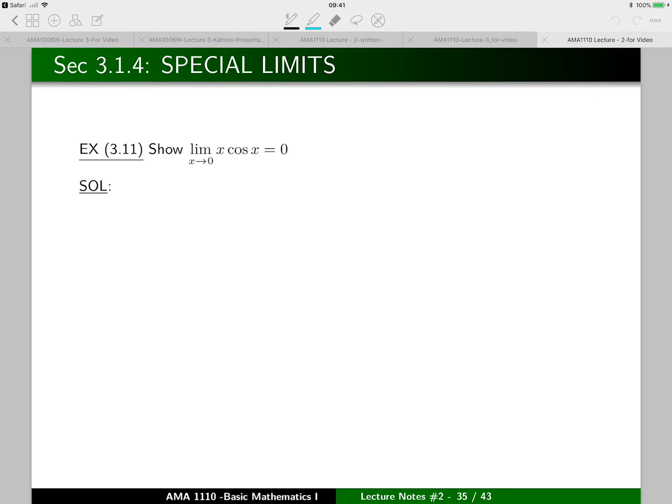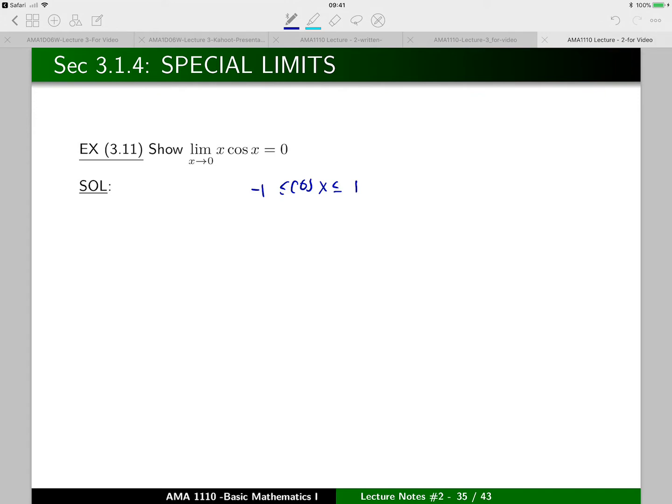Right? So let's apply this to the following example. Show that the limit as x approaches 0 of x cos x is equal to 0. So we know that cos x first is bounded by minus 1 and 1, right?